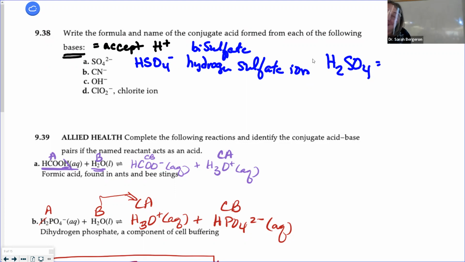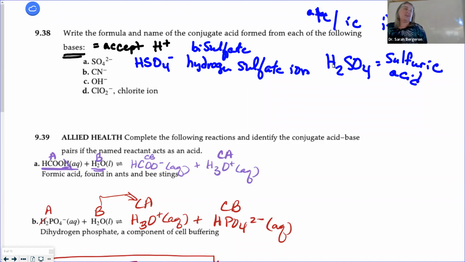No. And this is an acid. So what do we call it? Remember, ate becomes ic, ite becomes ous. SO4 is sulfate, so ate becomes ic: sulfuric acid, right? That's only if you pick up another hydrogen, but it's cool. Just name it by what you have.